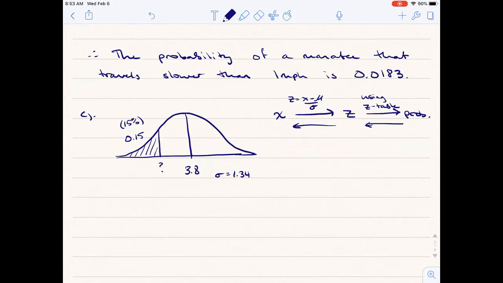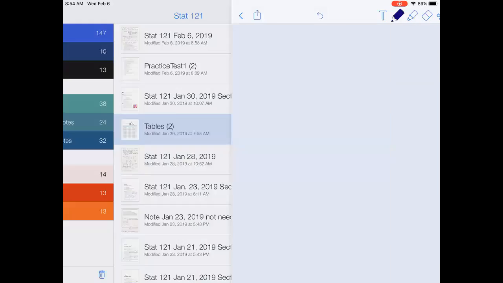So let's go in here. So 0.15, we know we're going to be on the negative side of the z table, right? Just because at the mean, we've got 0.5. Half of the distribution's below it, half of it's above it. So we know we're going to be on the negative side. So we can go to our table.